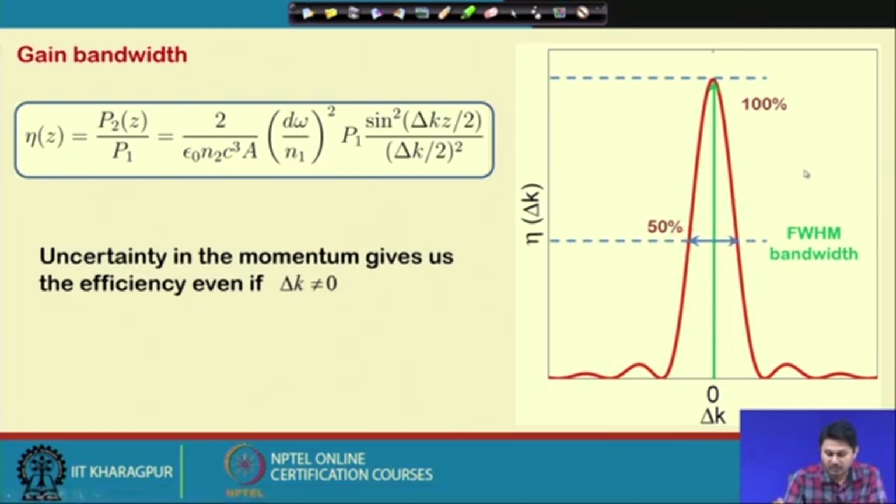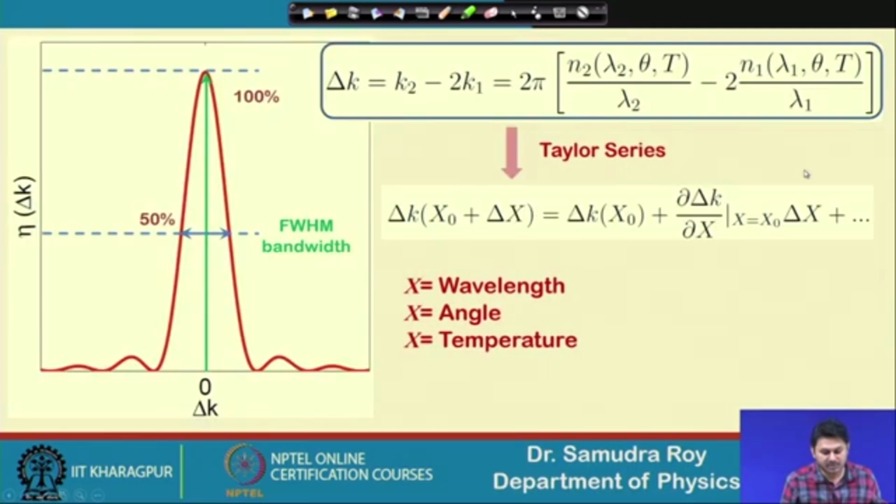Now, which are the parameters on which this depends? That is the important thing to understand. So, let us first see what delta k is. Delta k is k2 minus k1. k2 is the propagation constant.